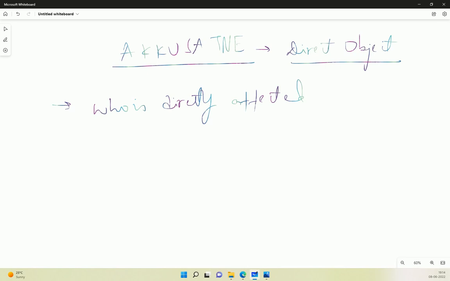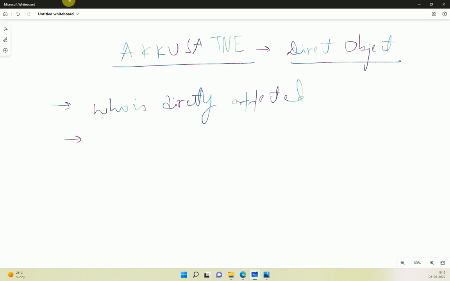I give the letter to my mother. So who is getting affected? The letter is changing position, like it's changing hands. From me it is going to some other person. So that's why the letter is being given, it is the direct object upon which something is being done and it is getting affected. So thereby the letter is going to be the direct object.